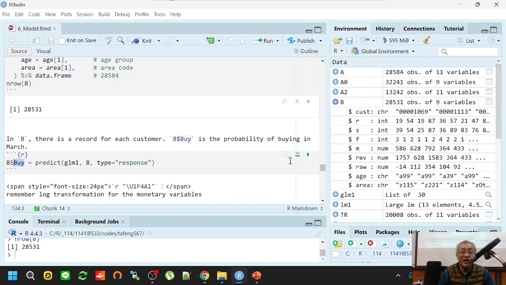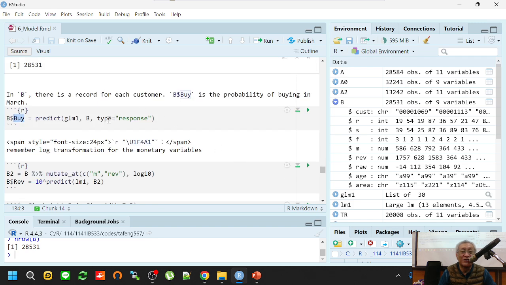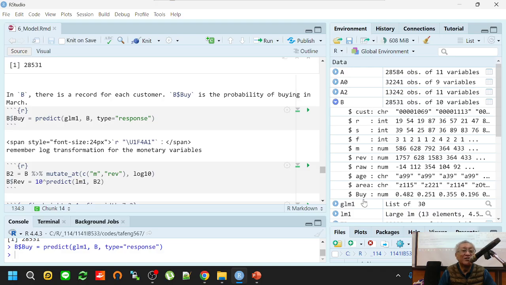After I execute this code chunk, you will see that there is a Buy variable here. This Buy variable is the buying probability for each of these 2A531 customers. Okay, so this is the prediction for the future, right?